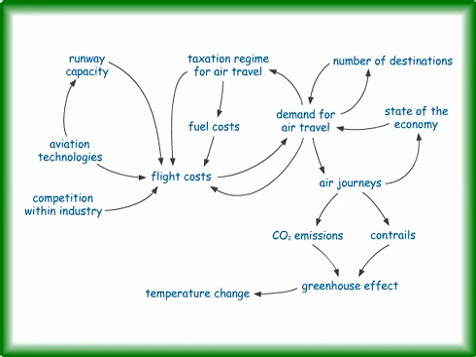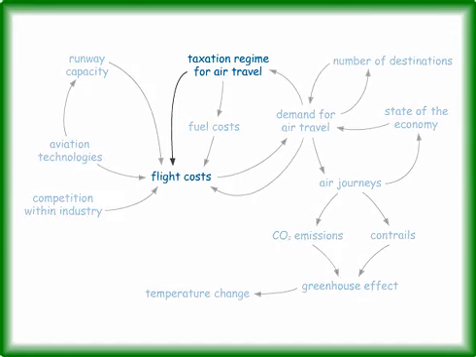The aim in a multiple cause diagram is to focus on the factors that may give rise to the dynamic behavior of a system of interest. Components are chosen that have clear cause and effect relationships, and whose change can be measured, at least in a qualitative way. For instance, increased tax on air travel will directly increase the cost of flights.